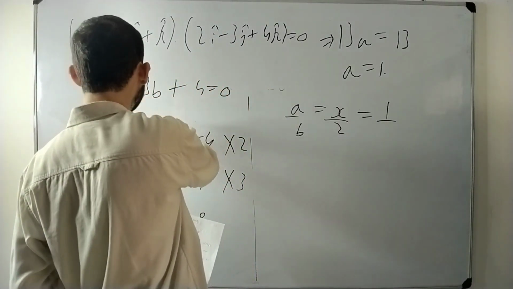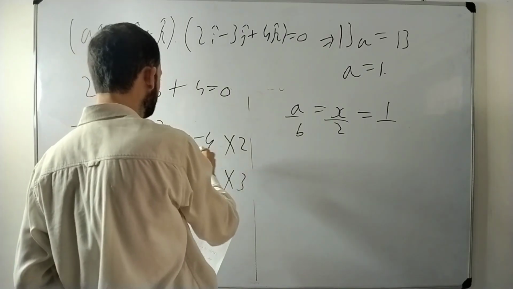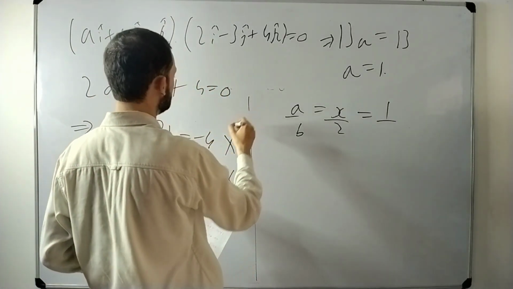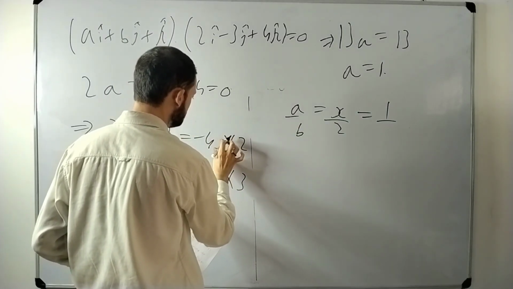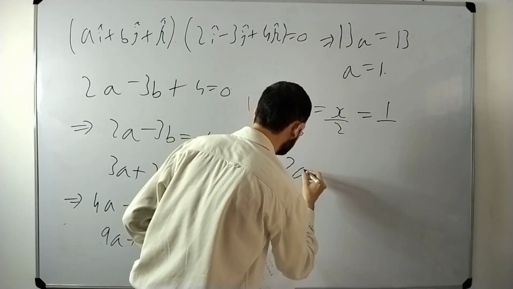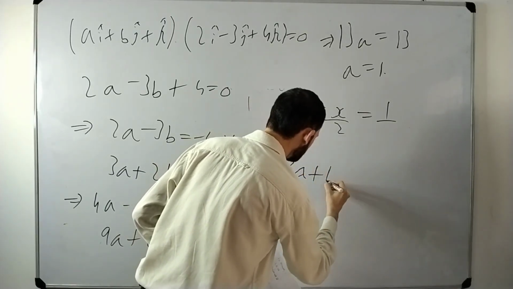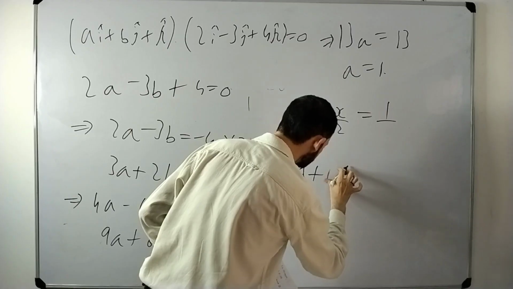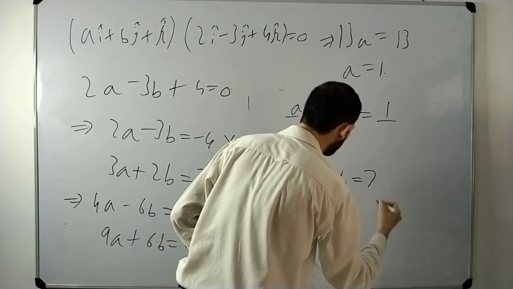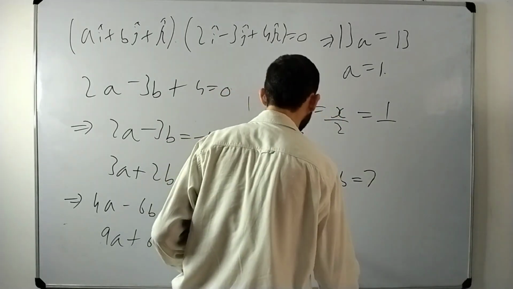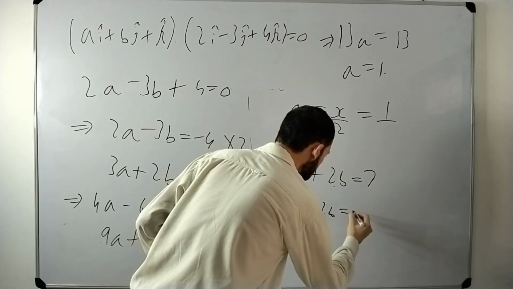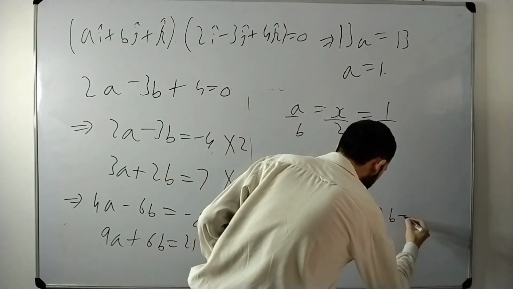I didn't put the b value here. Put it into the first equation. Put here 3a plus 2b is equal to 7. And this comes out to be 3 plus 2b equals 7, so b is equal to 2.